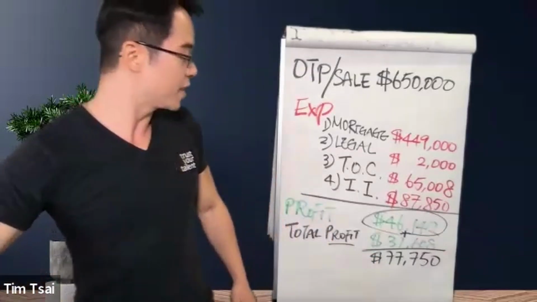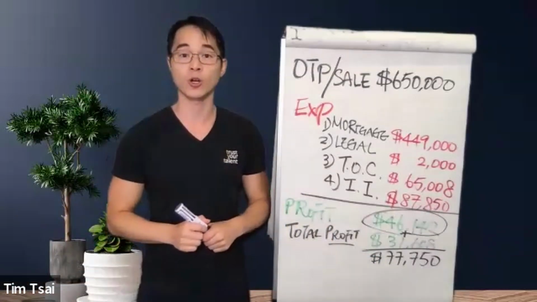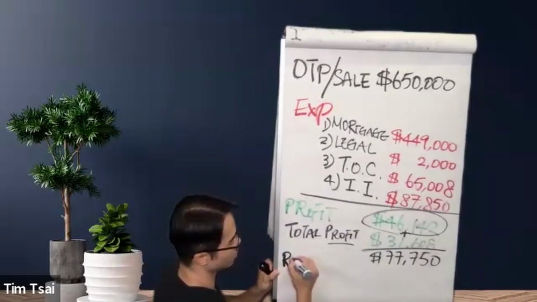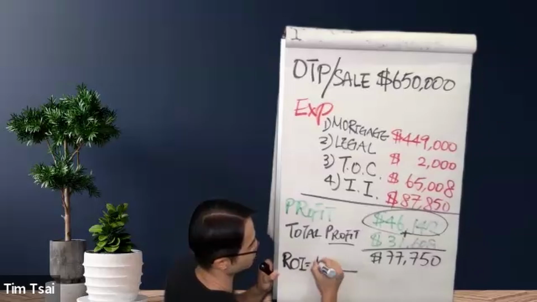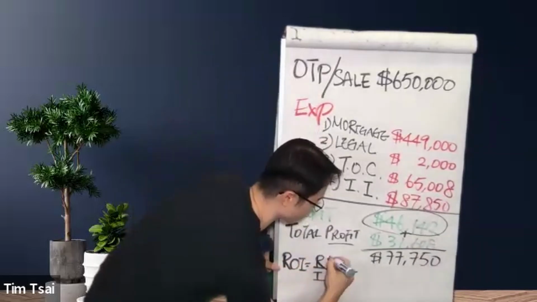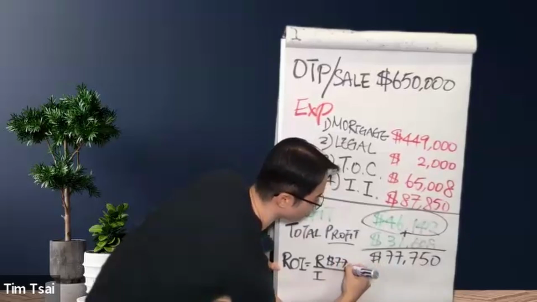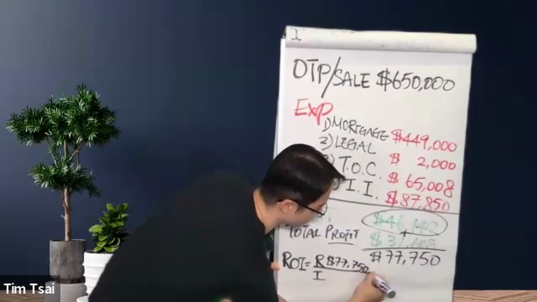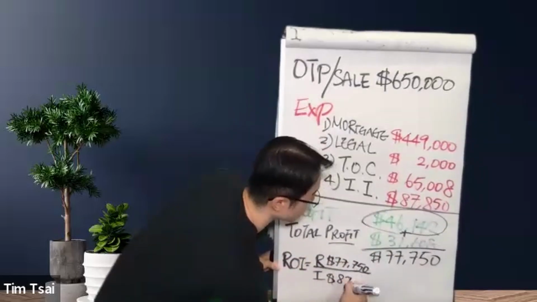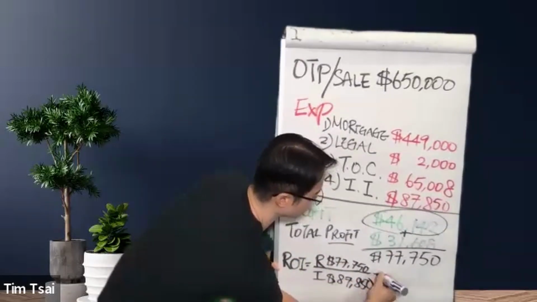77,750. Now we can do the ROI, return on investment calculation. So return on investment, as mentioned before, is return sitting on investment. What is the return number? Well, we already said the return overall is 77,750. And our initial investment was this number, which is 87,850.